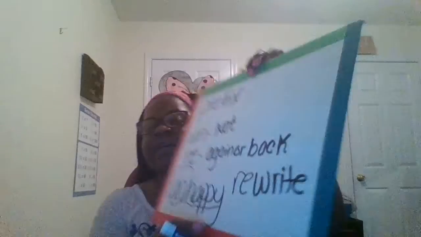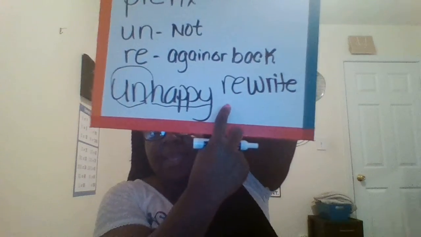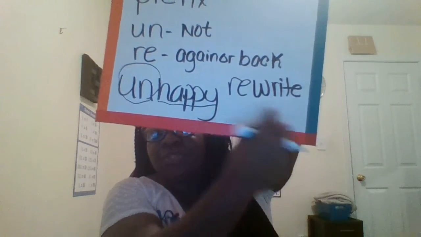Then if I have the word write, W-R-I-T-E, and I put re in front of it, I have rewrite, which means to do it again. So re in front of a root word means to do it again. Un means not. Okay, that's what you're doing for number 1.